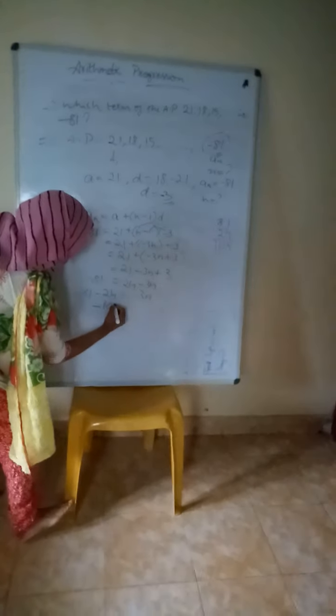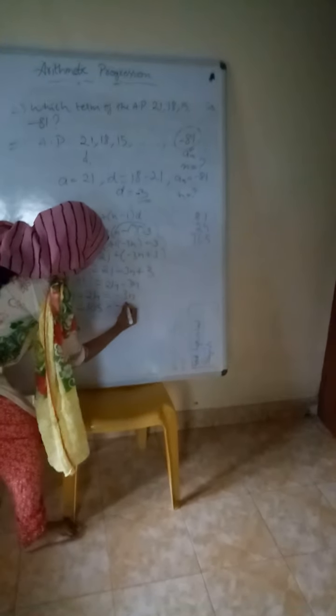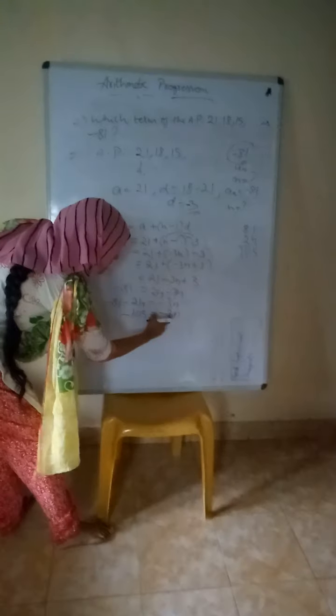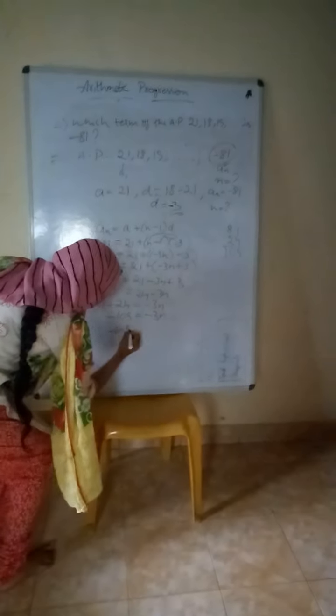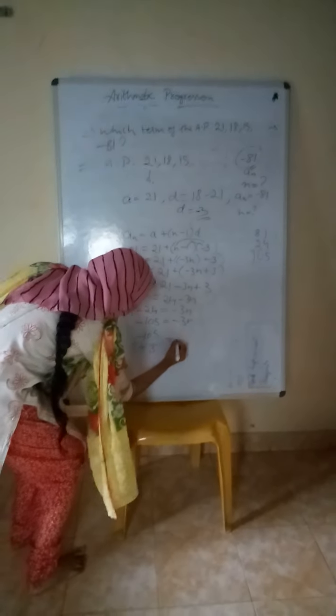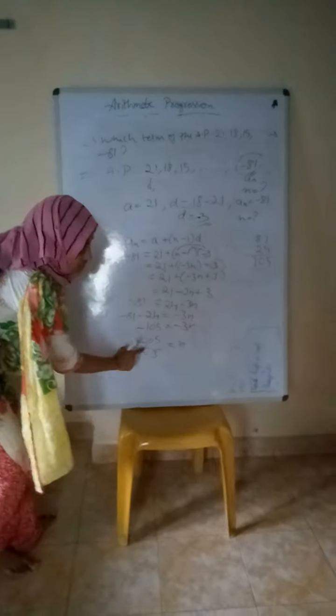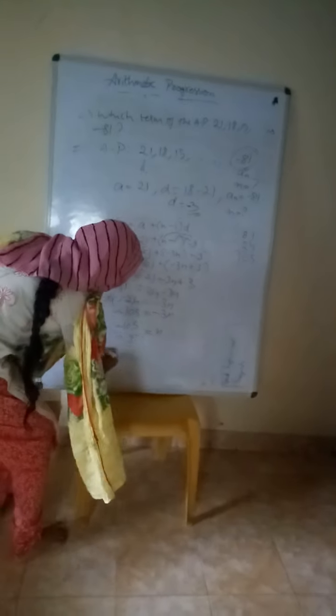So minus 105 is equal to minus 3n. Here 3 is multiplied to n. When we take it to the other side, multiplication becomes division. So minus 105 divided by minus 3 is equal to n. Minus minus becomes plus, so you will get it in plus.